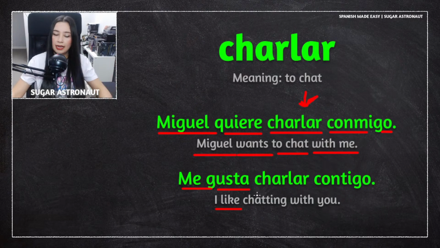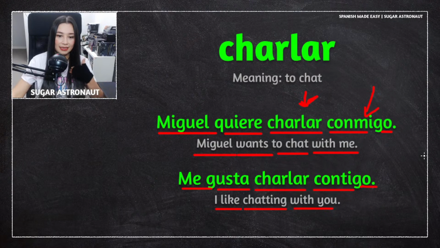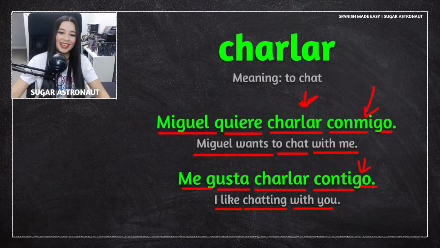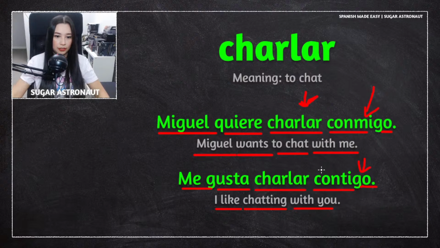Okay, just I like. In this situation, we have charlar, chatting, contigo, with you. This is very similar because conmigo means with me, contigo means with you. Conmigo, contigo. Similar words, but the meaning is different for sure.